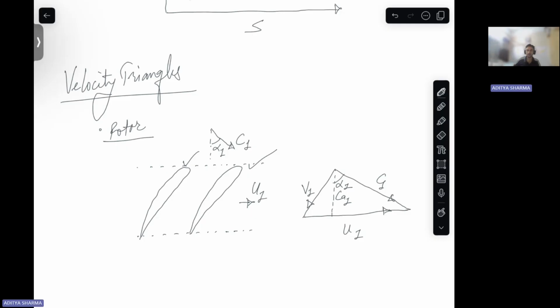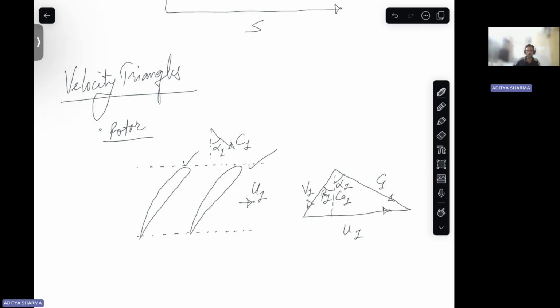Then V1 is the relative velocity. If you take the absolute velocity and the blade velocity, considering these two velocities, you'll have one relative velocity of the fluid, that is V1, right? Then alpha 1 is your fluid angle, and beta 1 is your blade angle.